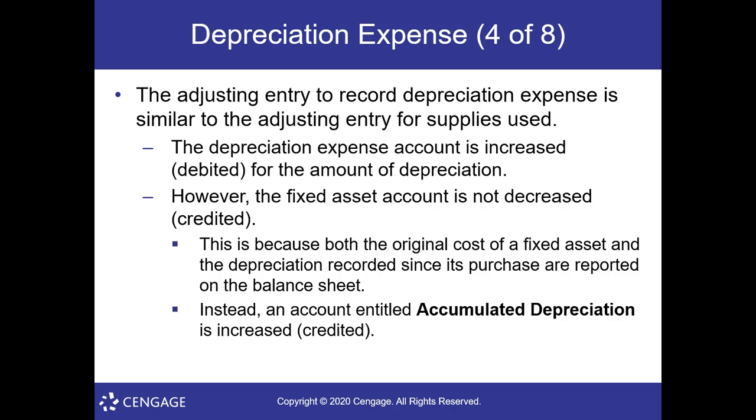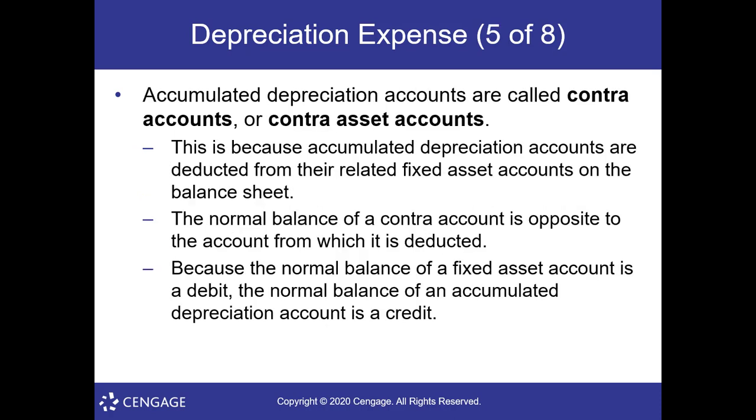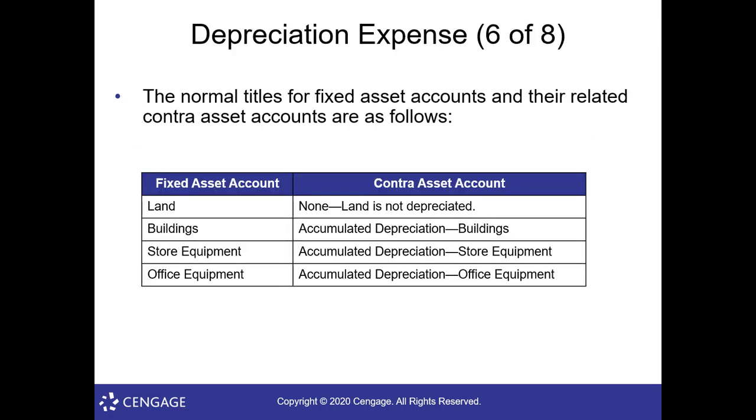And so that's a negative, it's a normal credit balance, but it's an asset, and that's called a contra asset account. We do that for everything in fixed assets, everything in property, plant, and equipment, with the exception of land. Land is considered forever. It doesn't depreciate.